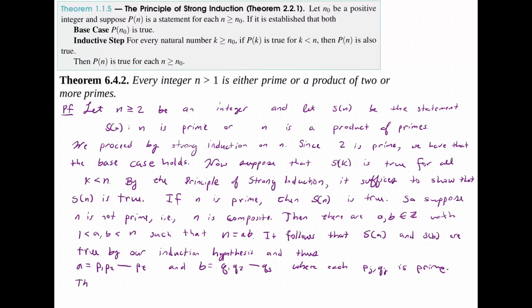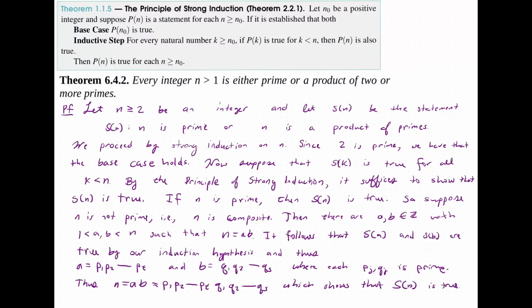And so n, which is equal to a times b, is equal to p1, p2, all the way to p sub t times q1, q2 through q sub s, which shows that S of n is true.